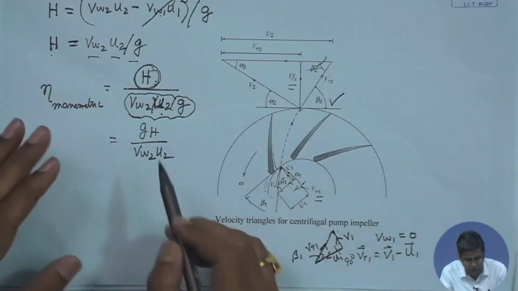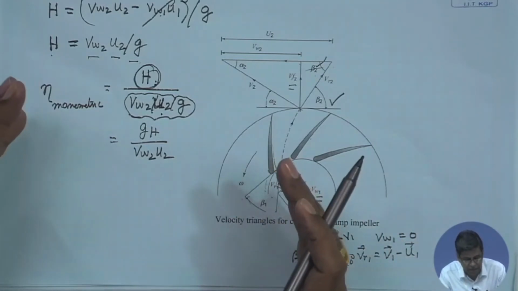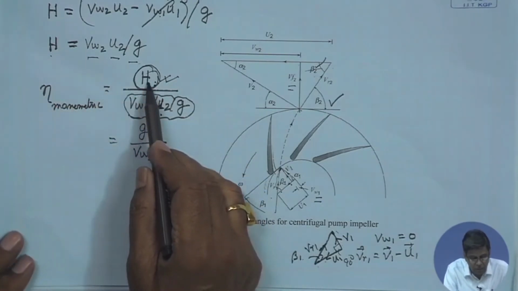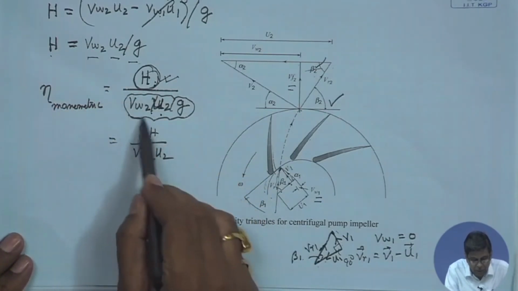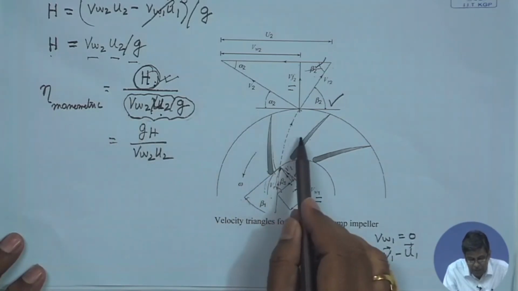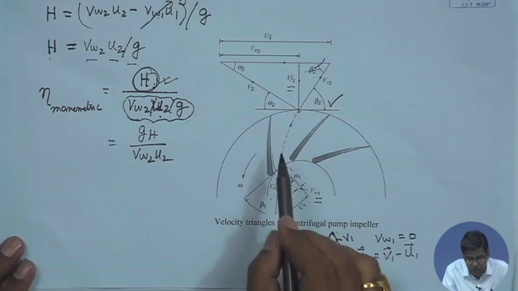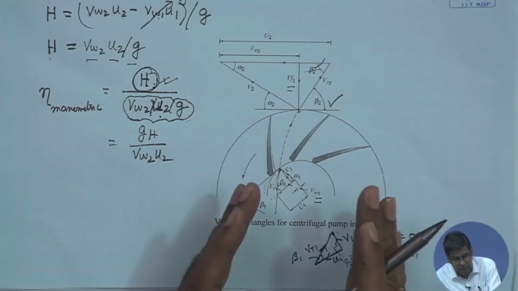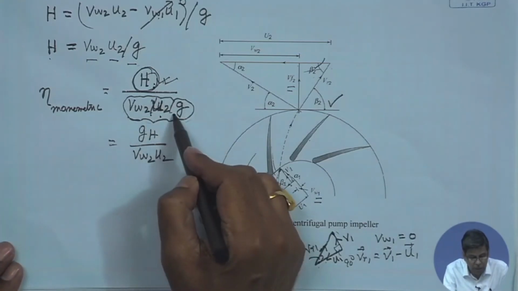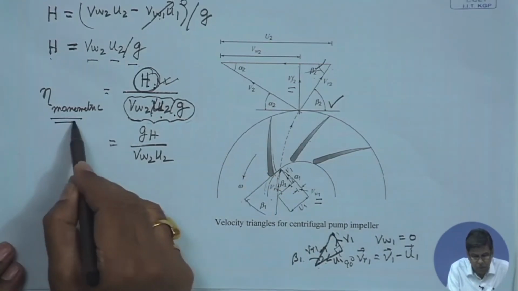So, because of this viscous dissipation in the pump, the net head developed by the pump, which is the difference in total head at the outlet and inlet, will always be different from the head which has been given by the rotor to the fluid. If we consider the fluid to be inviscid, or if we neglect the viscous effect, then these two will be equal and the manometric efficiency will be 1 or 100%.